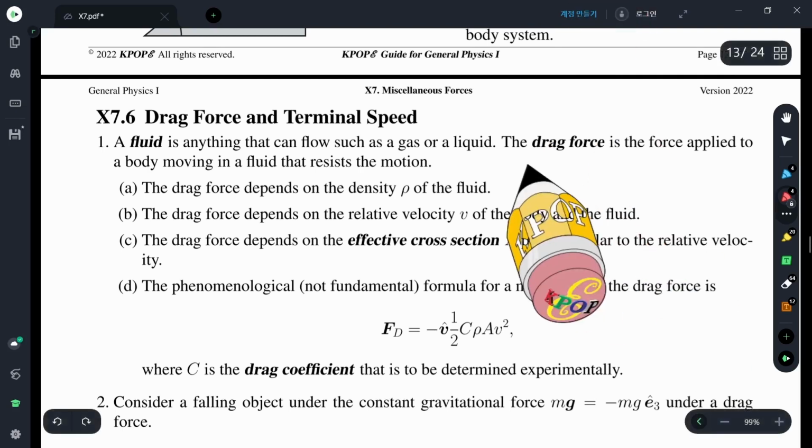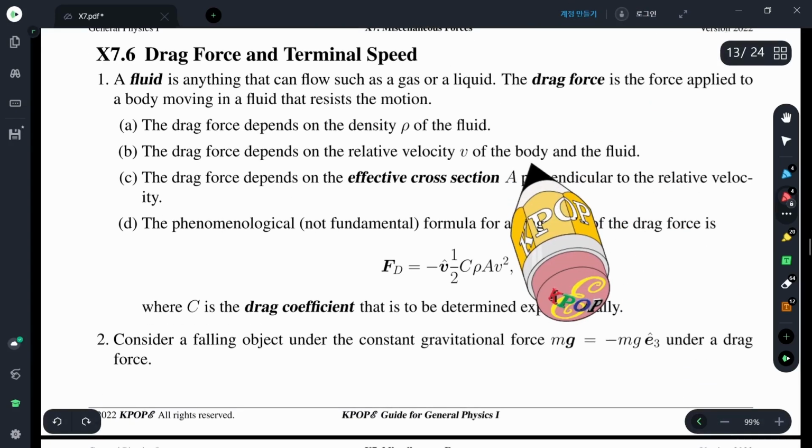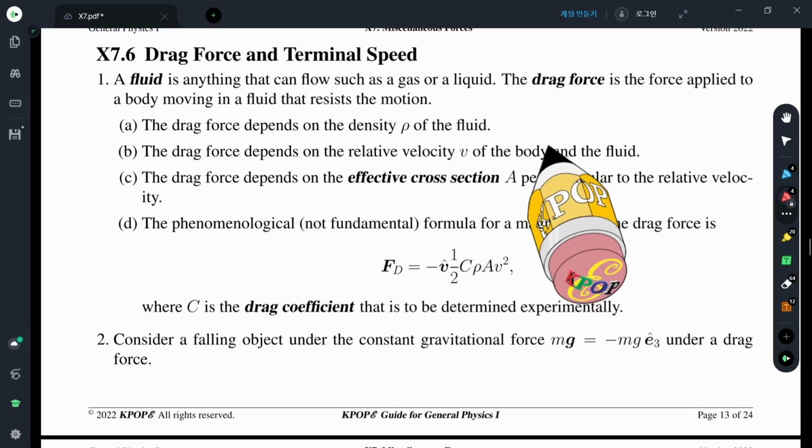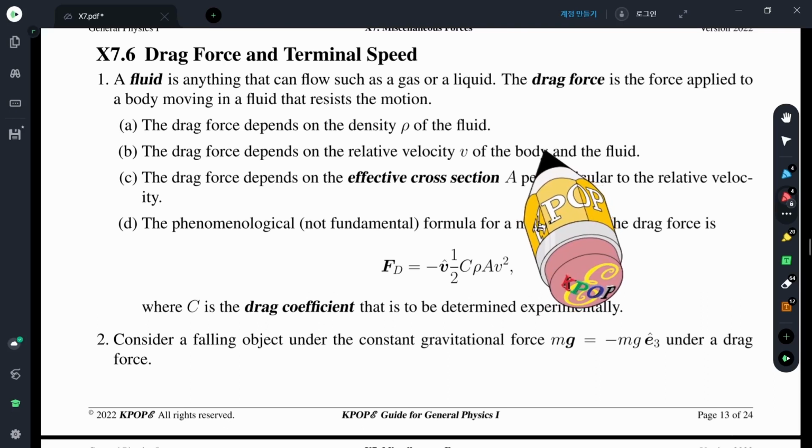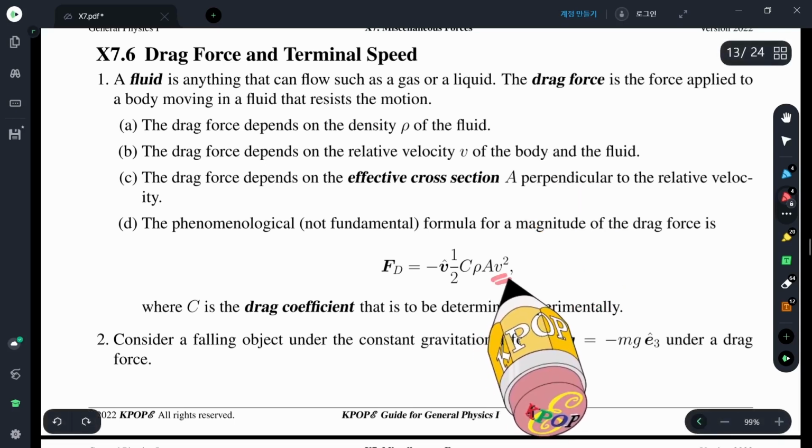Next, we consider drag force. Drag force is due to the resistance of air. It's a kind of air friction. It depends on the velocity, and it is proportional to the square.